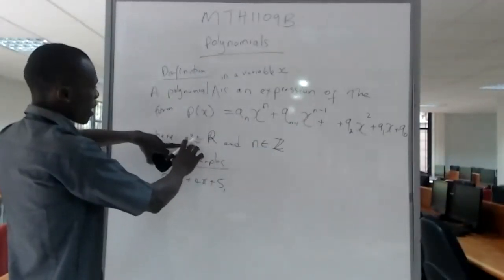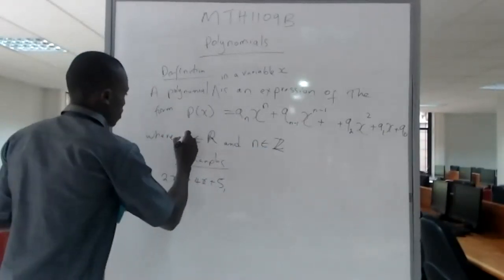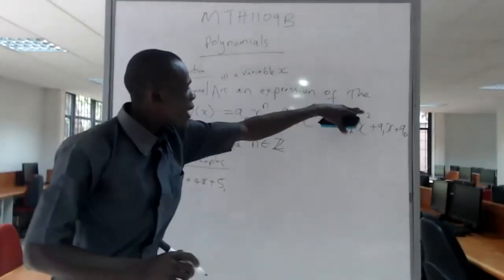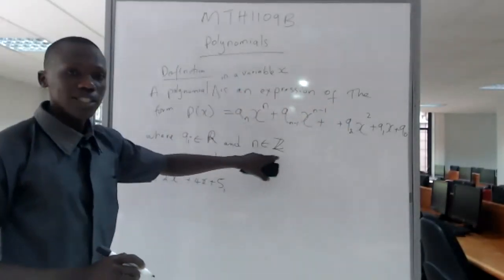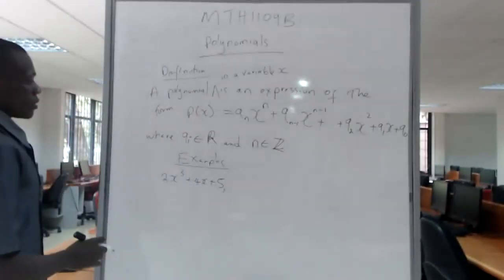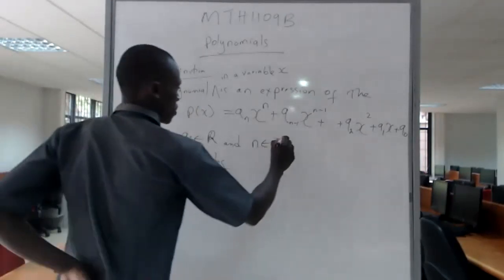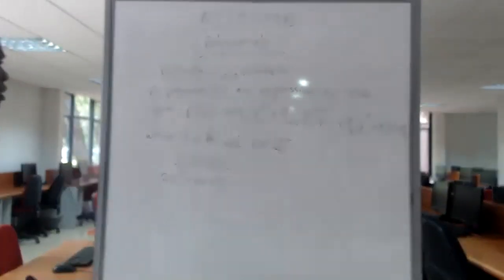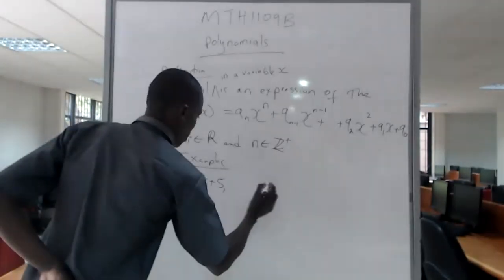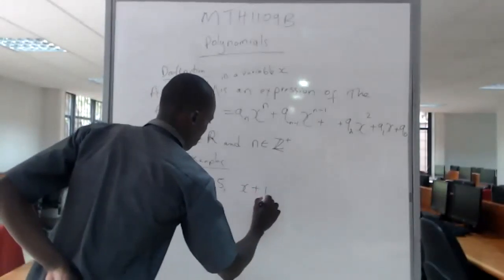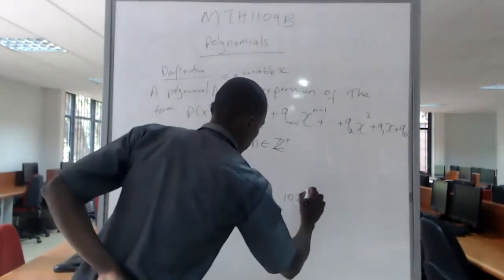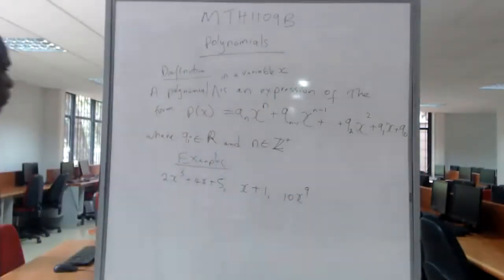So that's why I write a_i belongs to R. And the exponents or the powers of this unknown variable are integers, belonging to Z. For this case, they should actually be positive integers. So for example, 2x cubed plus 4x plus 5, an expression like x plus 1, an expression like 10x to the 9, that's a polynomial.